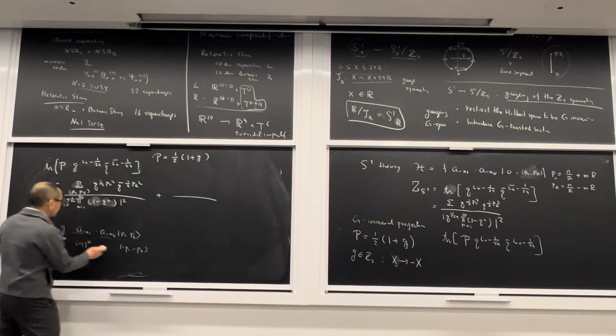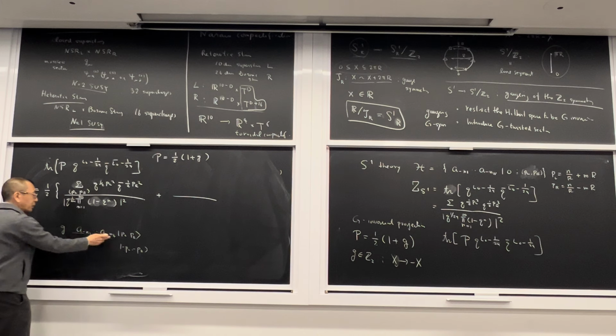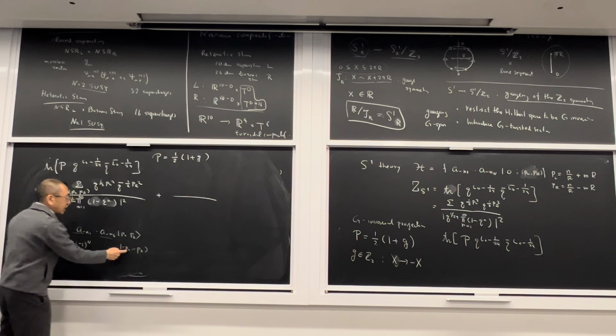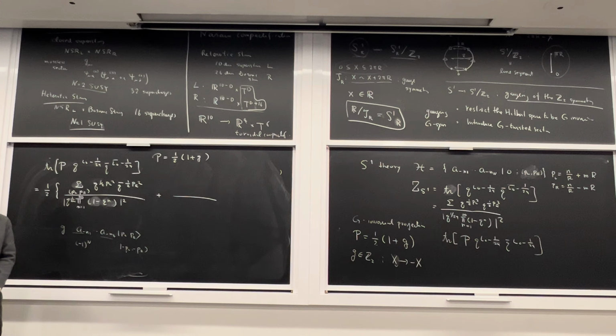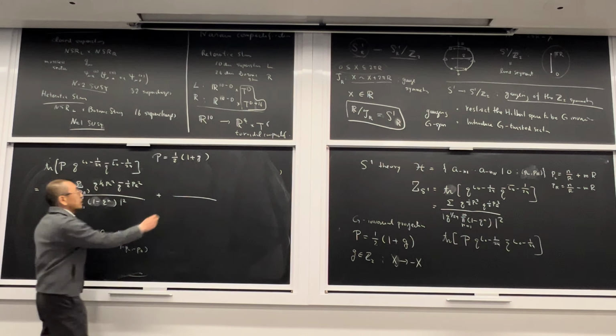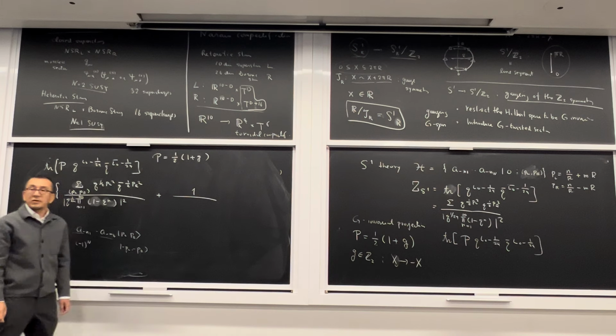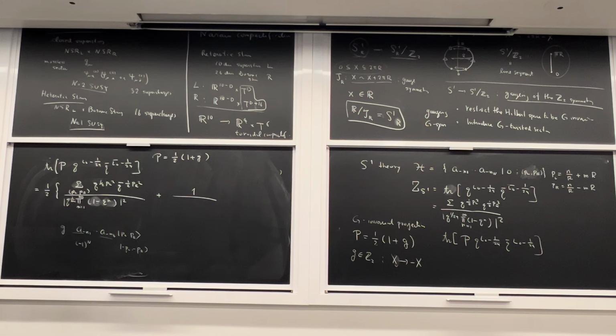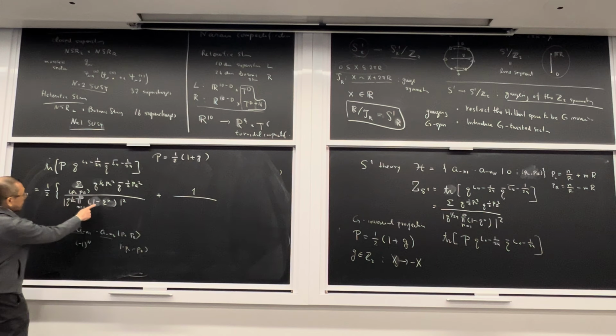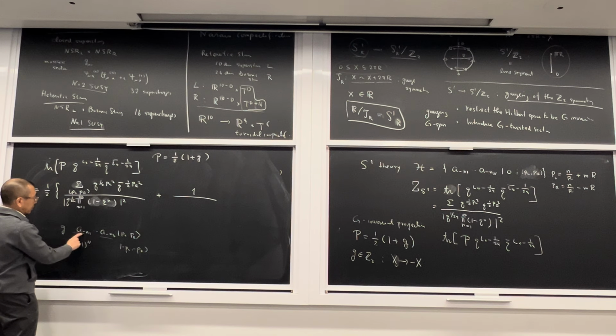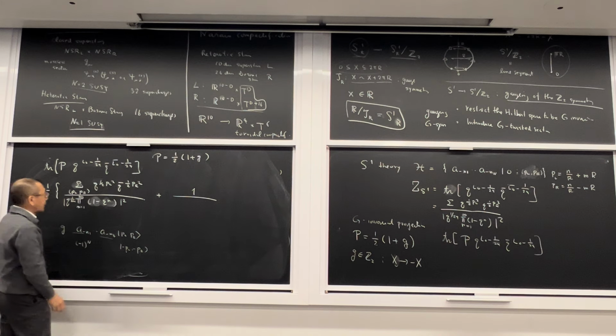Since the momentum is flipped, it will not have inner product with the original state unless both P left and P right are equal to 0. So in this summation, if you insert G, all the non-zero momenta are removed. So you just have 1. And moreover, the sign minus is flipped because for each oscillator you get the minus sign.